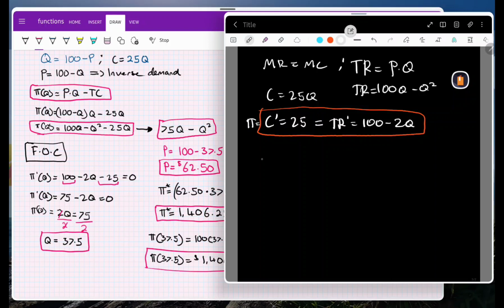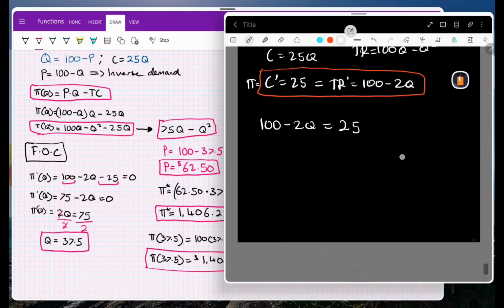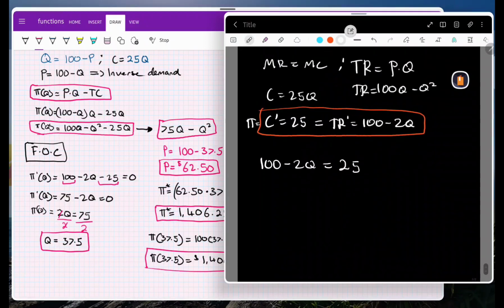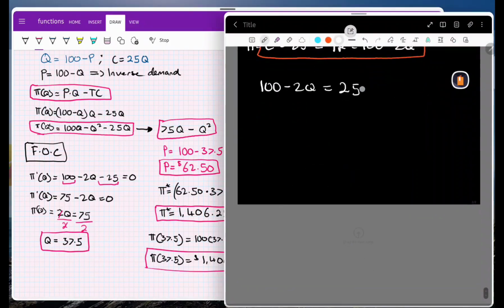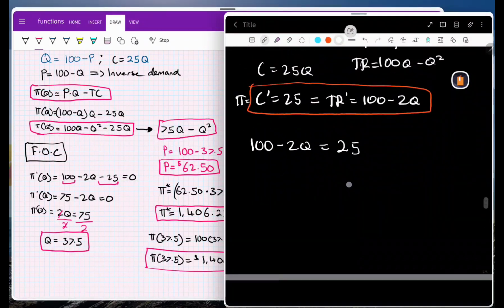So you will set 100 minus 2Q equal to 25 and solve for Q, adding 2Q to both sides and subtracting 25 from both sides.